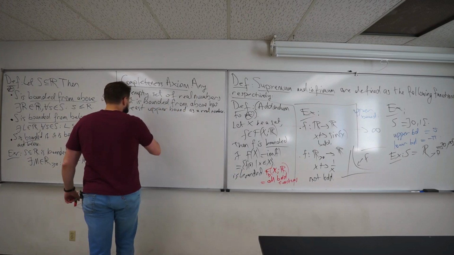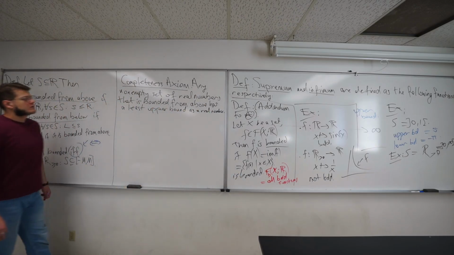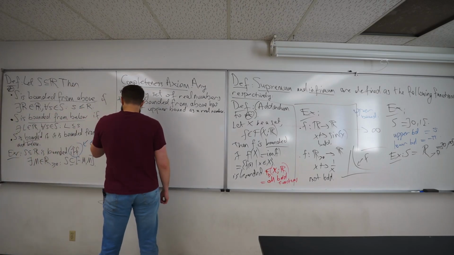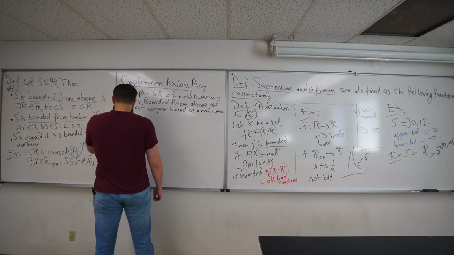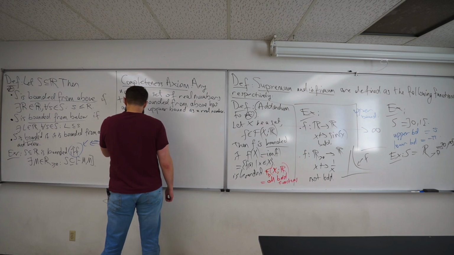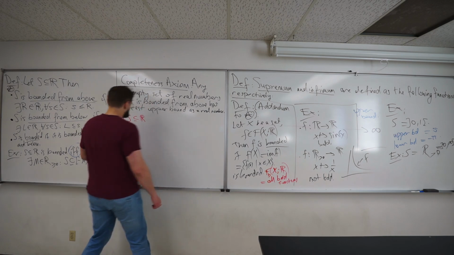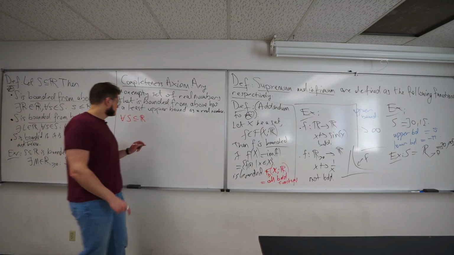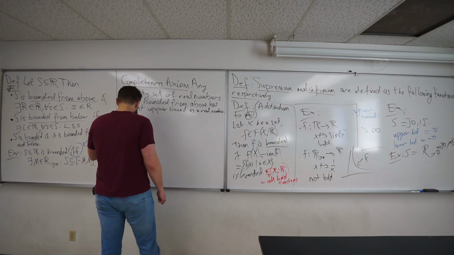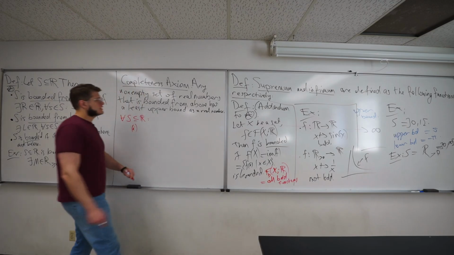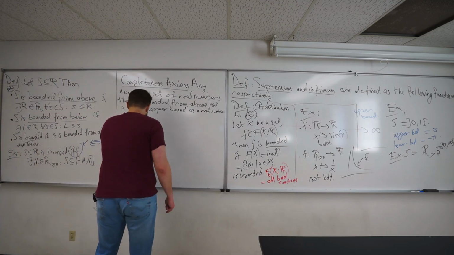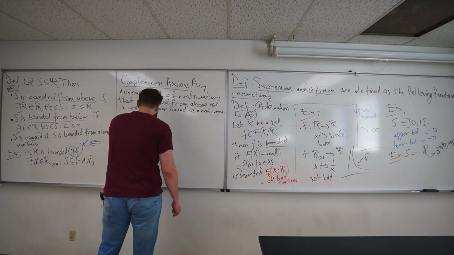Using logical quantifiers and so on, let's try to write this. So for any S, which is a subset of reals, okay, I need to have some assumptions. First, I want to say that it's non-empty, right? S is not equal to the empty set.